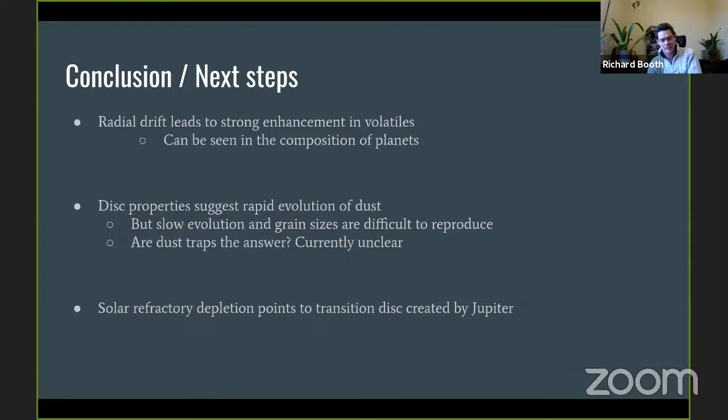The rate at which the chemical evolution happens in the models is all driven by ionization-driven chemistry, so reactions between ionized helium and methane, for example, are one of the dominant factors there. And one of the things we don't know very well is what the actual ionization rate in the midplane of protoplanetary disks is.